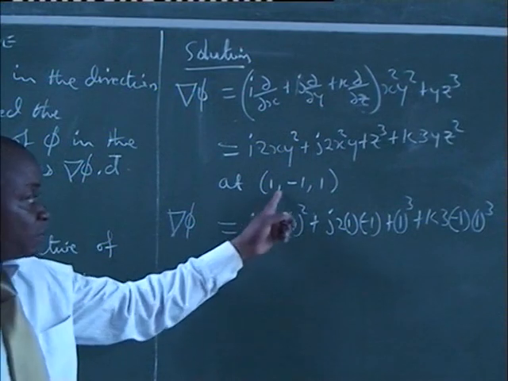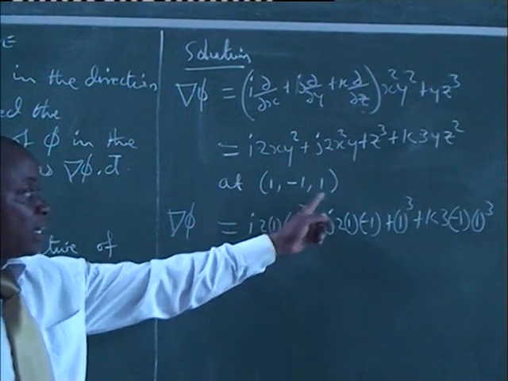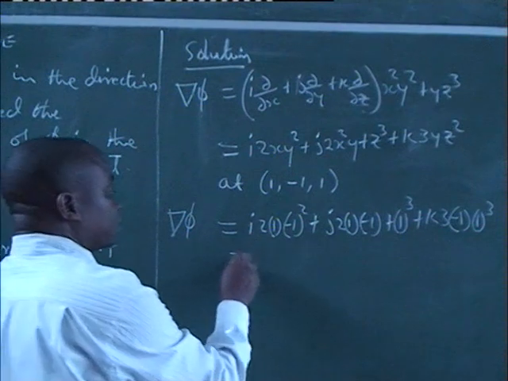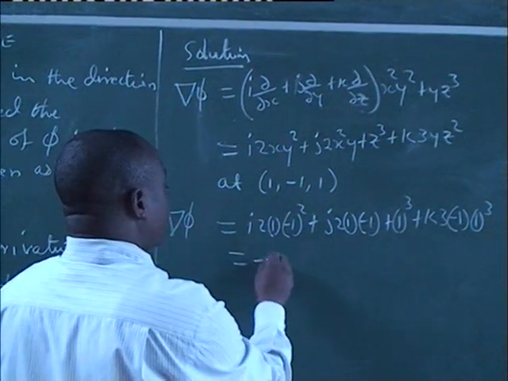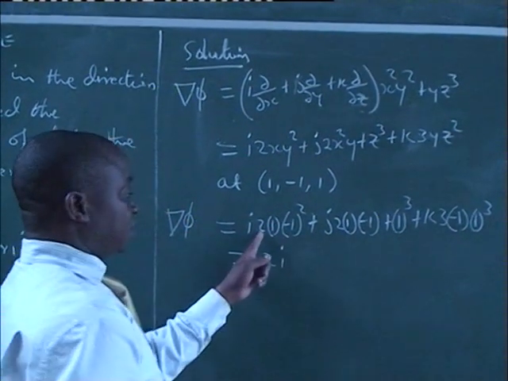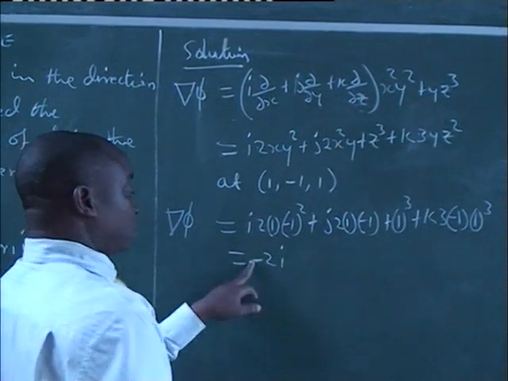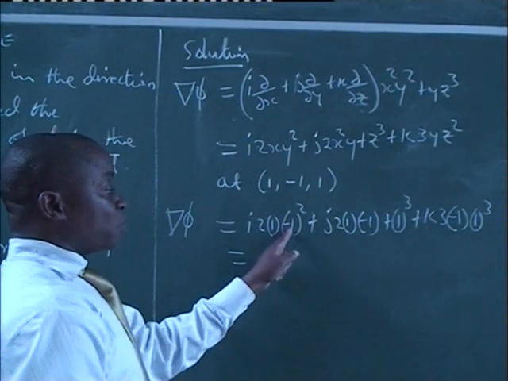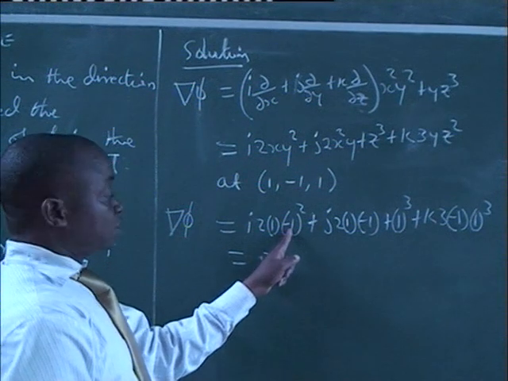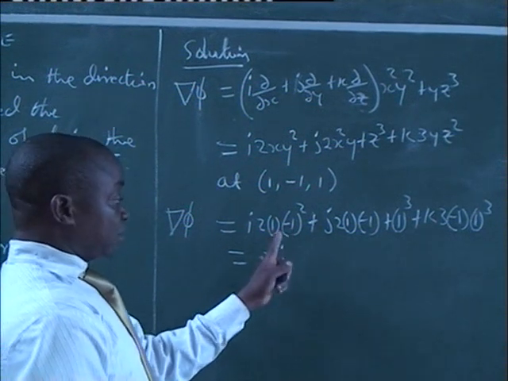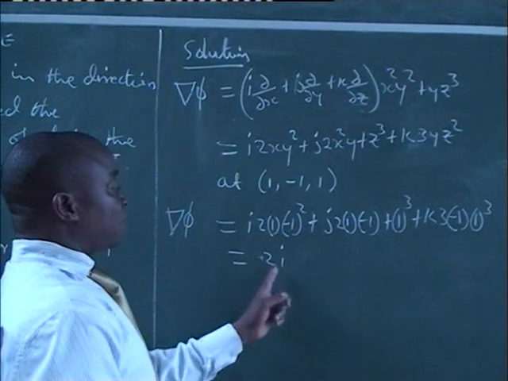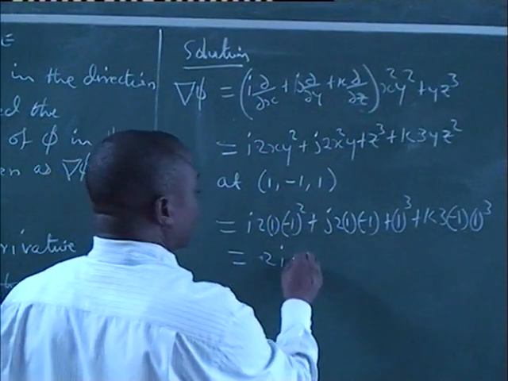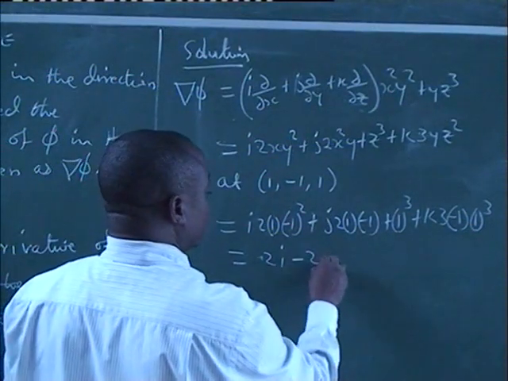We just fix this point for x, y, and z. So if you do that, we'll have minus 2i here. Not minus, because here is a square, so it becomes plus. Yes, plus 2i. Now here is minus 2j.